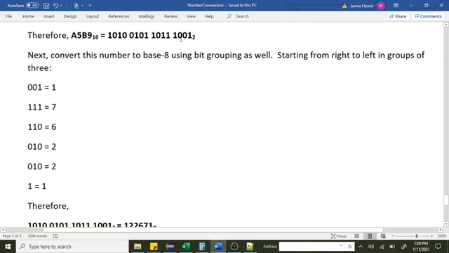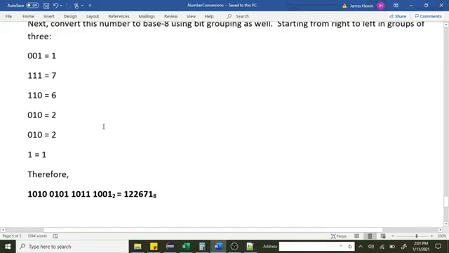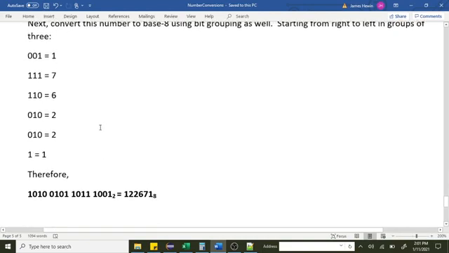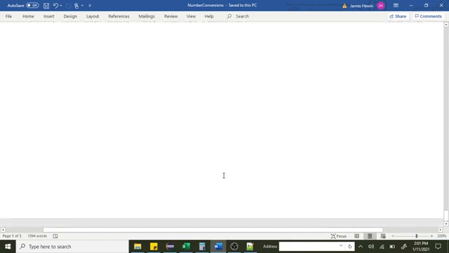So you have 001, which is 1, 111, which is 7. And so you would end up with 122671 in octal.